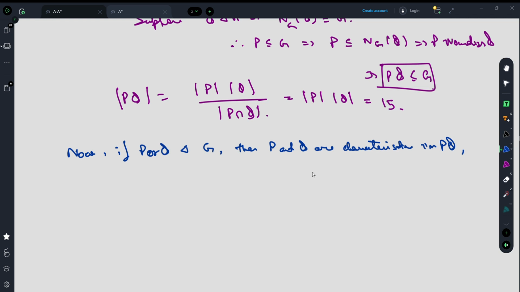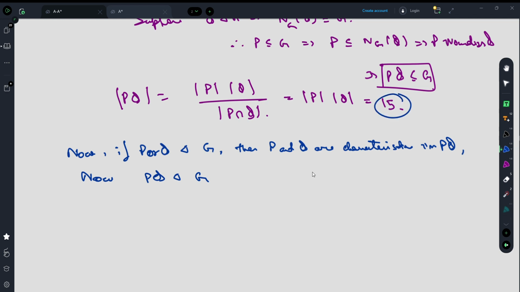This is an observation which directly comes from the fact that P and Q are unique subgroups of PQ, hence are characteristic in PQ. These are unique subgroups of PQ because there can only be one subgroup of order 3 and one subgroup of order 5 inside PQ. You can just verify this from the third Sylow theorem. Then P and Q are characteristic in PQ.